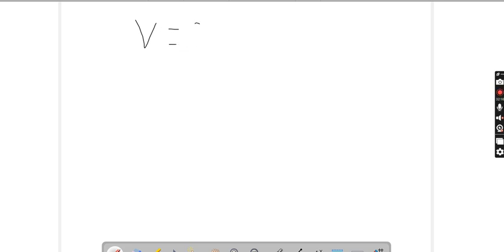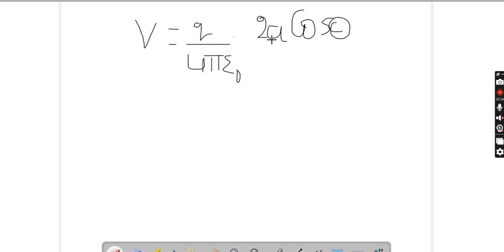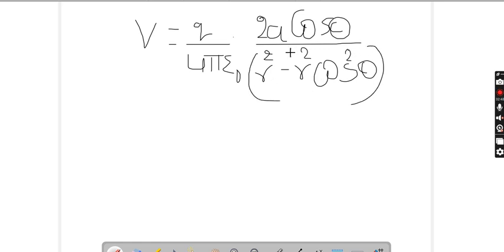V is equal to Q divided by 4 pi epsilon naught into A cos theta plus A cos theta, which will be 2A cos theta, divided by R square minus A square cos square theta. Sorry, this is A square actually, not R square.